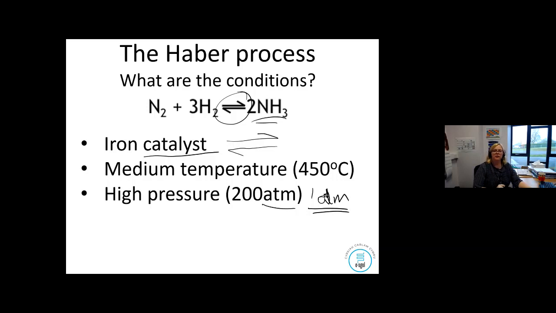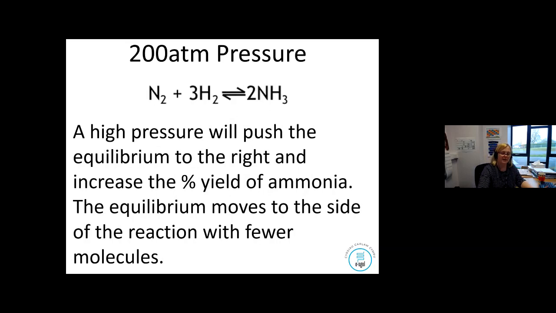Okay, so let's go straight for that. Why high pressure then? Well, as I said earlier, we have 1 and we have 3, and it is making a total of 2 things.